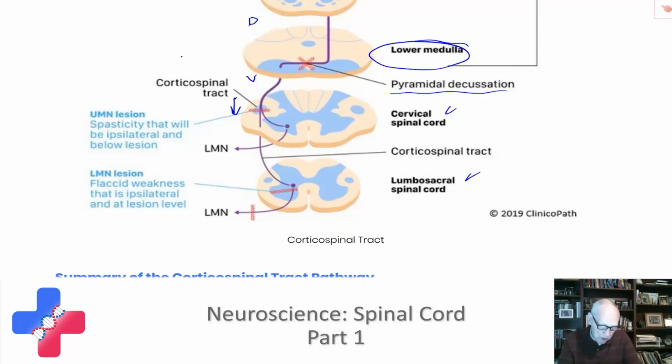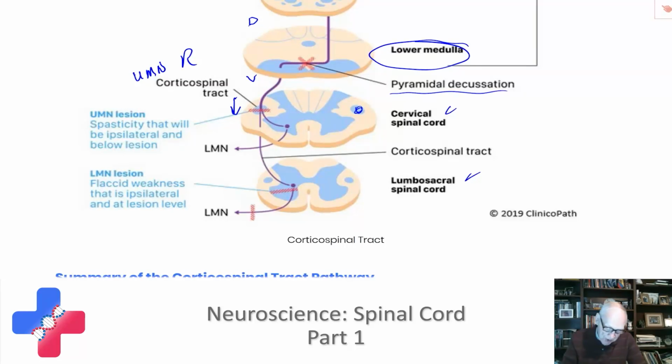Now we're on the right side of the spinal cord. So here's where that corticospinal tract sits. You see it indicated. So what is the corticospinal tract? Don't forget, this is upper motor neurons. Don't try to make it a lower motor neuron just because it's in the cord, a common big mistake.